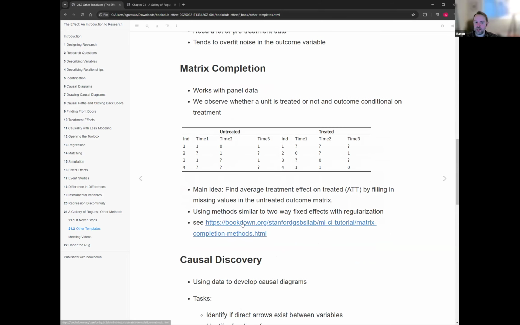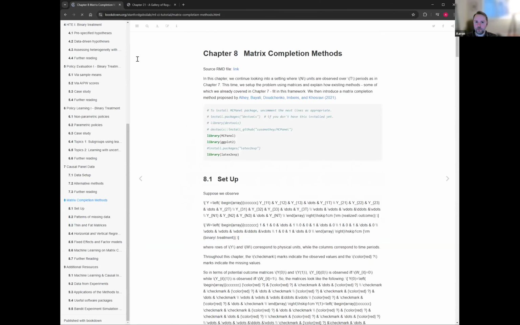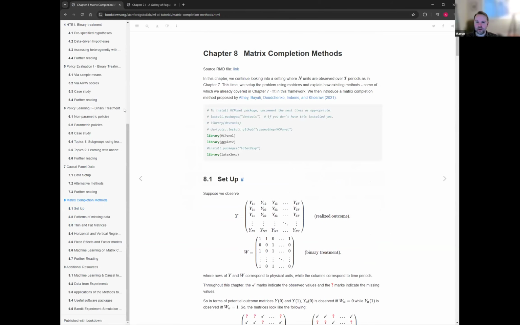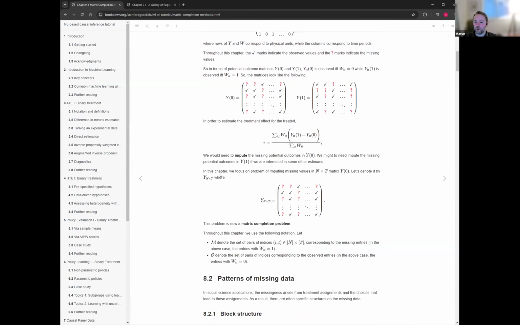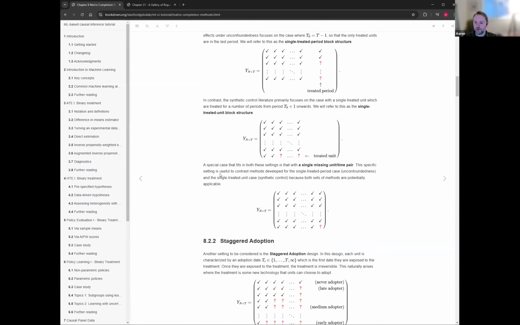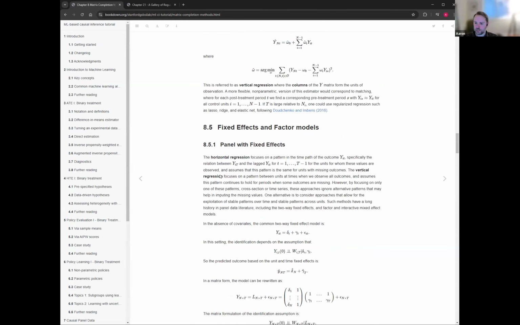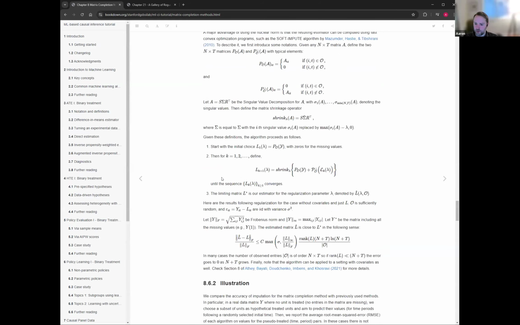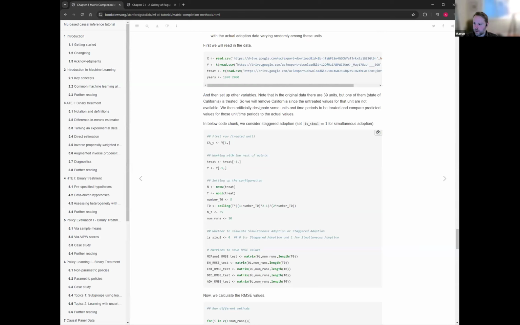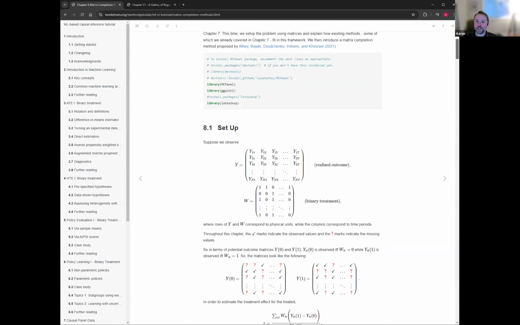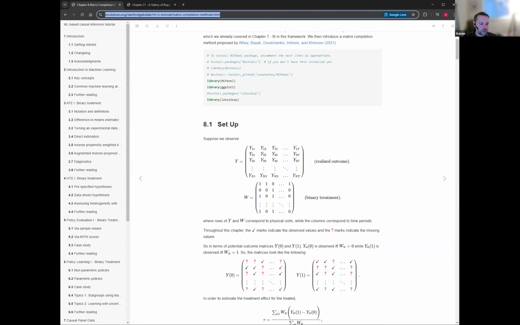This was not in the book, but I just did a Google search, and there is someone that's put together their own ML-based causal inference tutorial with a homegrown version of how you would implement this method. I'm pretty sure it's from scratch. I did not spend a lot of time on this, but just wanted to put that out there for you guys.